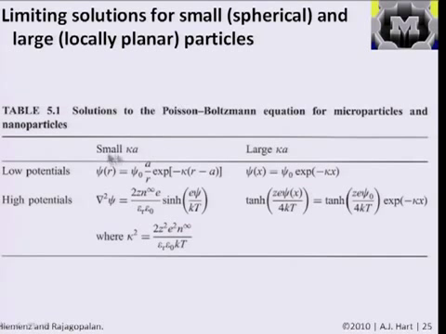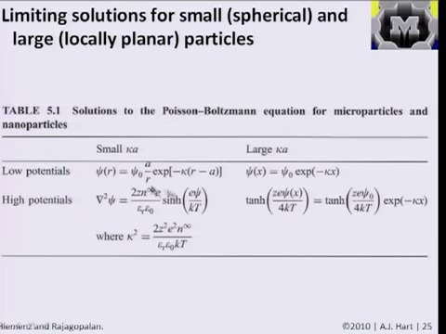This is a case where you have small particles where the Debye length times the radius is small, and this is the case where you have large particles, or a low concentration, and the geometric consideration is different. But in each case, if we take the case of relatively low surface potentials and small particles relative to the Debye length, then the solution looks fairly like what we had for a plane, except instead of our coordinate being x, we have our coordinate being r minus a, which is the distance from the center of the particle minus the radius of the particle.